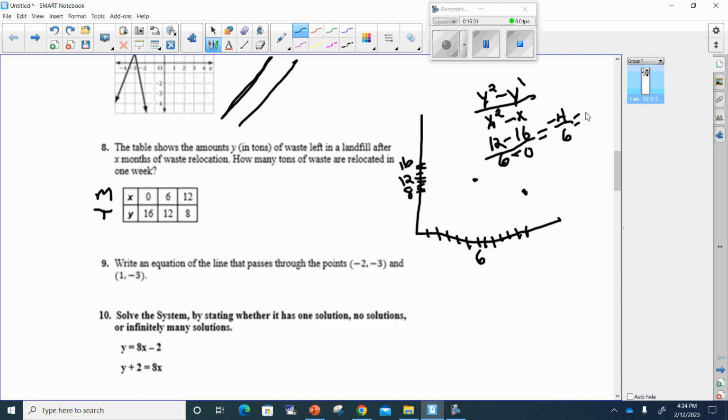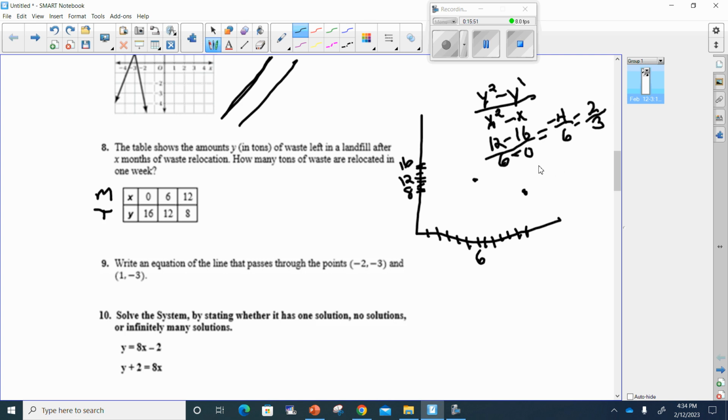So this tells me this is going to be 2 over 3, right? So it tells me every 3 months, I got 2 tons, right?